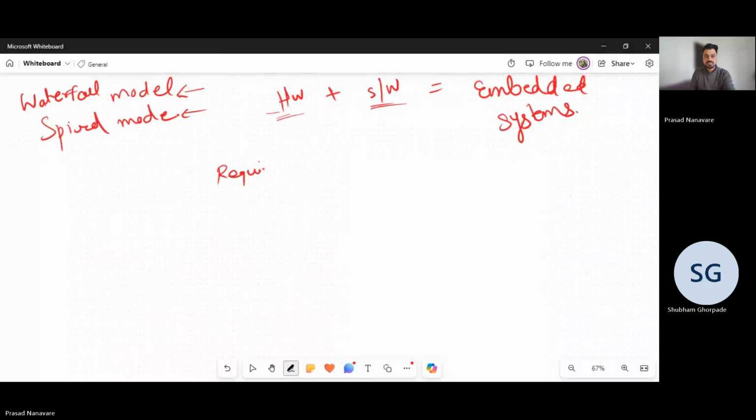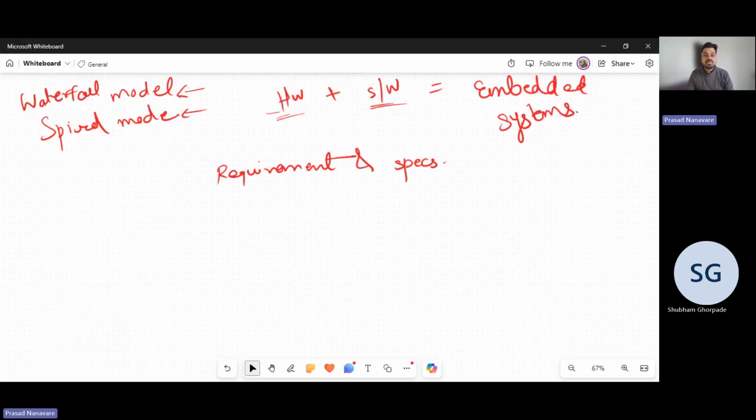So let's see that. So requirement and specifications. Okay, this is the first phase. In this phase, requirement and specifications are gathered. So what is requirement? Requirement is informal communication between client and the company who's designing the system.